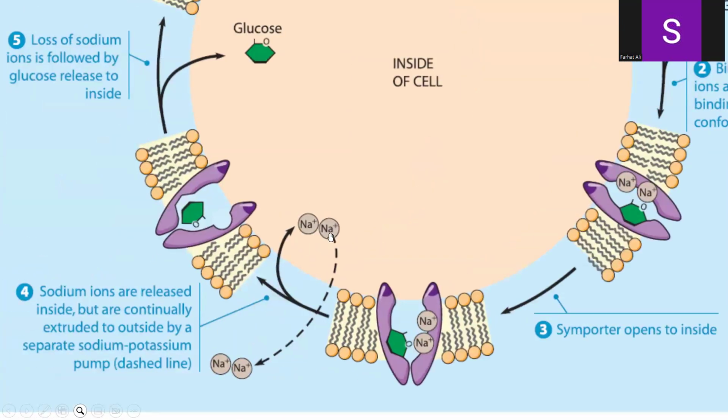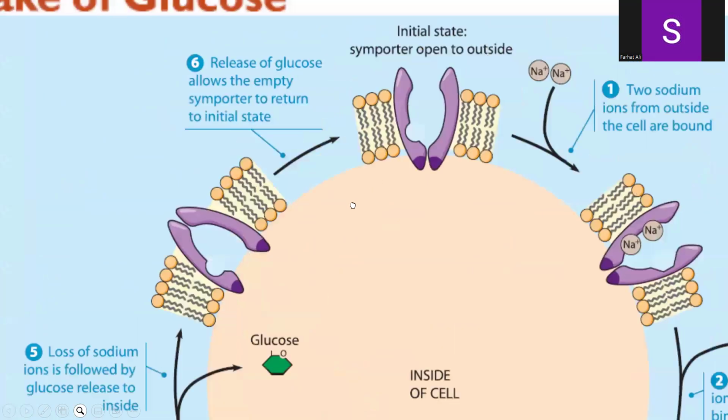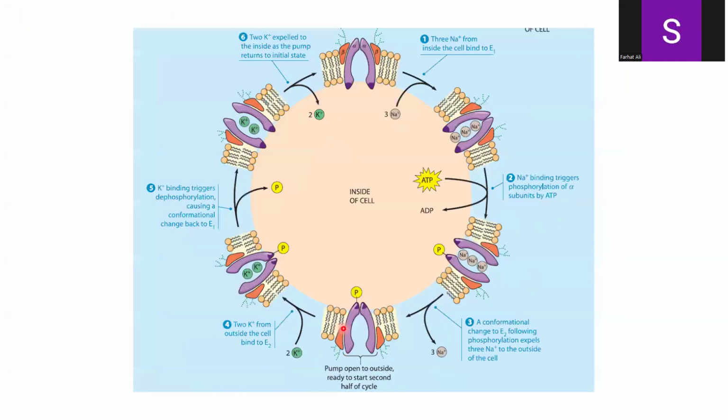These sodium ions are then pushed through the sodium potassium ATPase outside of the cell, so that the gradient is maintained. Hence, the process of symport will take place. In this process, the energy which is used to transport glucose is provided by the movement of the sodium ions. And how were the sodium ions transported out of the cell?